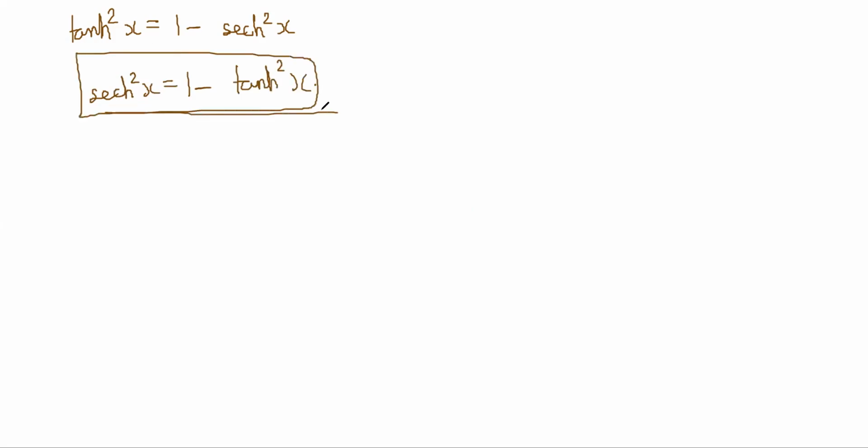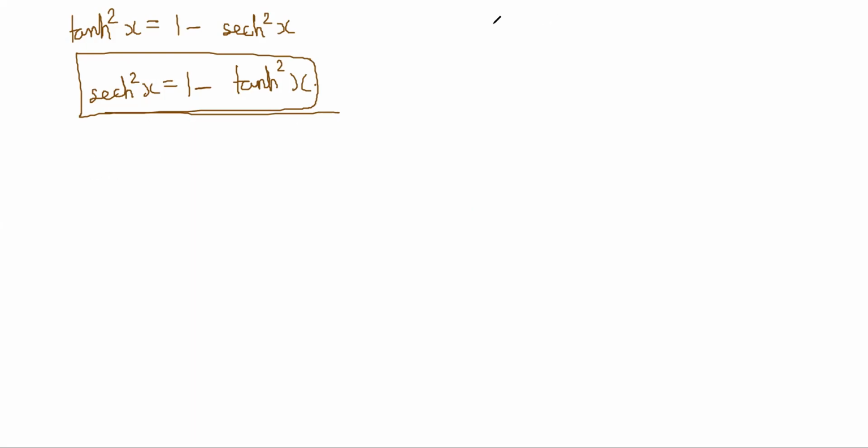We have tanh square x is equal to 1 minus sech square x. So basically sech square x is equal to 1 minus tanh square x. And in normal trigonometry, you used to have 1 plus, right?